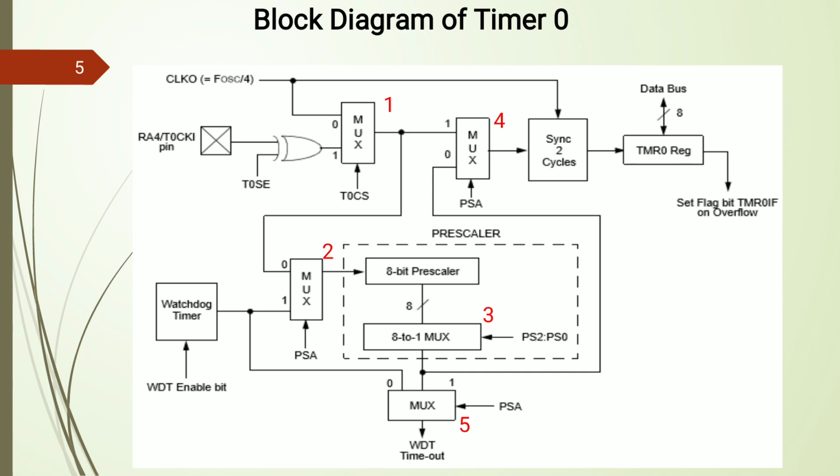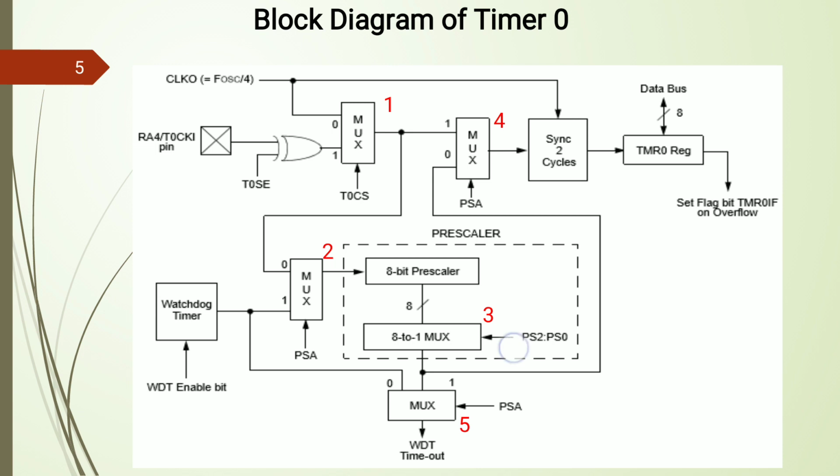So the signal flow is like that: watchdog timer to mux 2, mux 2 to prescaler circuit, and prescaler circuit to mux 5. So this is the sequence, and if we consider the mux number sequence, that is mux 2, mux 3 and mux 5. So the lower section is used for the watchdog timer and the sequence is 2, 3, 5.